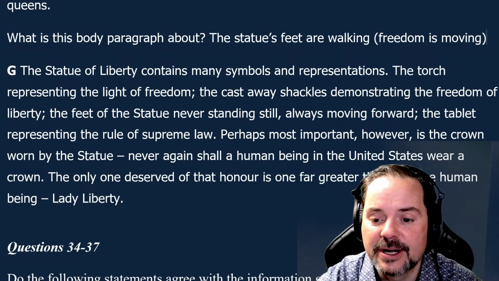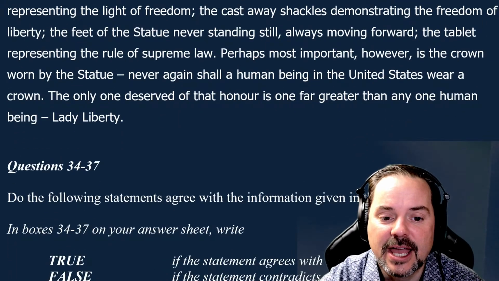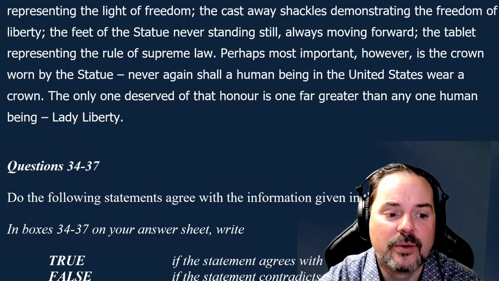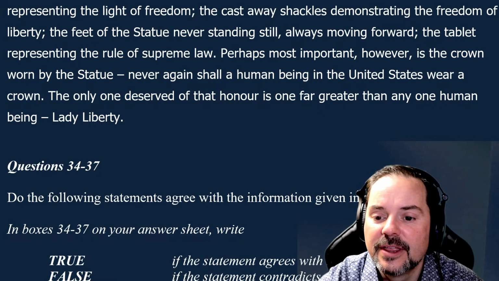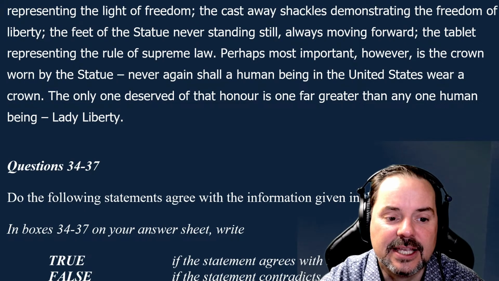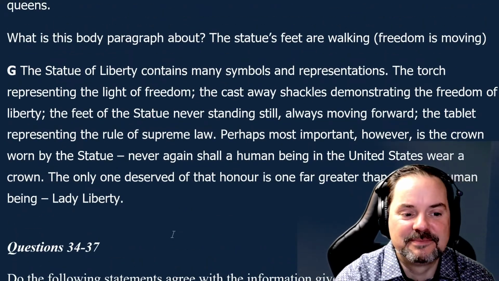Perhaps most important, however, is the crown worn by the statue. Never again shall a human being in the United States wear a crown. The only one deserved of that honor is one far greater than any one human being, Lady Liberty. Okay, go ahead and read that one for me.